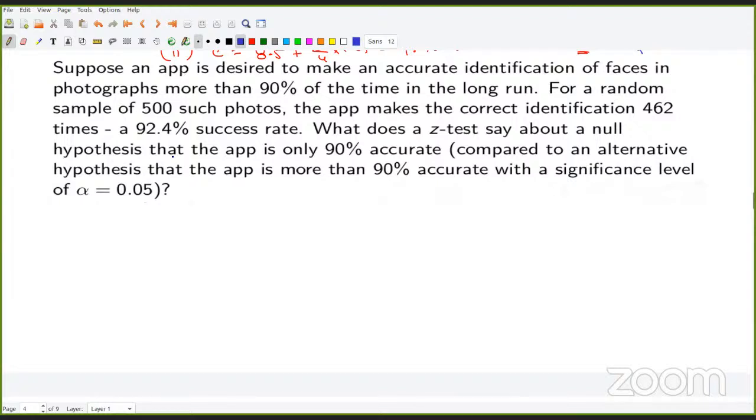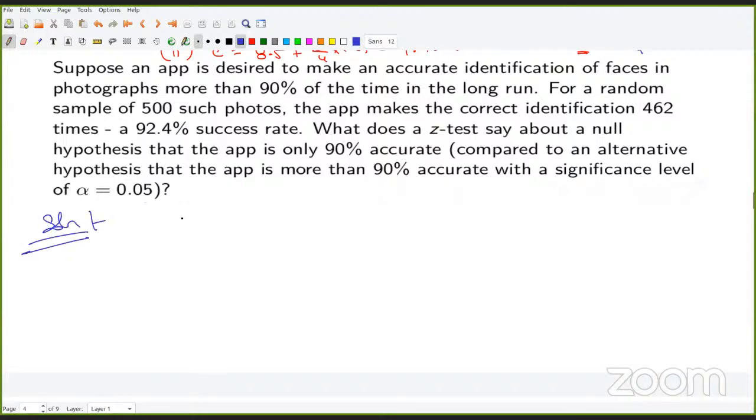For that, what has been taken is a random sample of 500 photos, and the app makes the correct identification 462 times. So this is given.